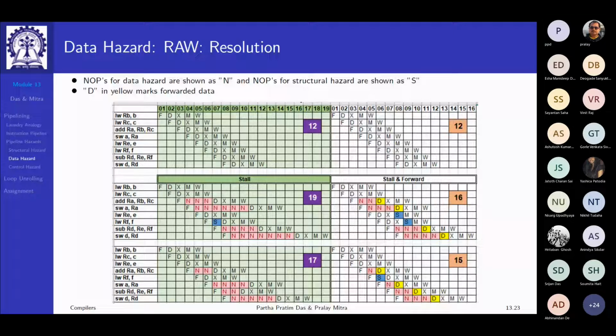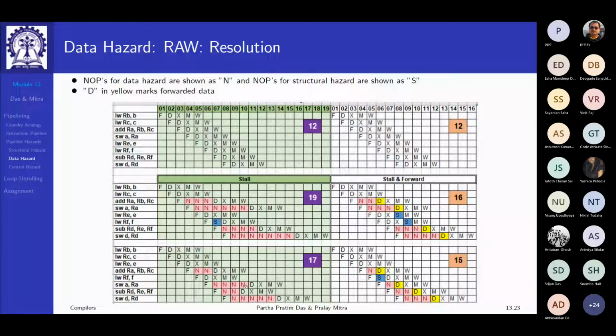One is stalling, forwarding helps you in getting the data as soon as it's ready. That reduces the stall, and which the hardware helps us to get. And by reordering, we are also being able to get the benefit of reducing the stall.